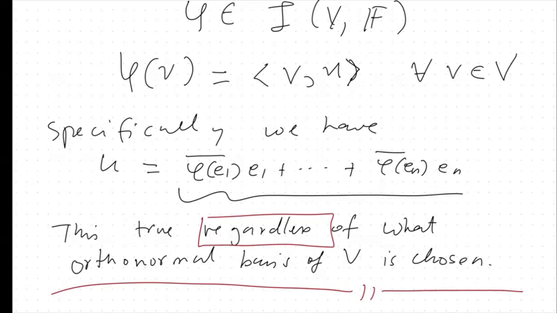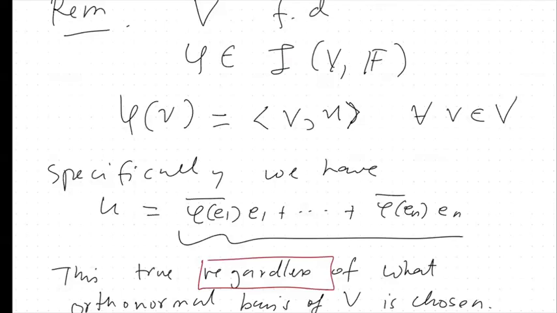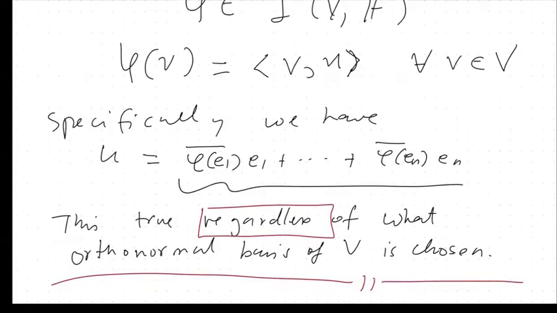For each linear functional there is a unique vector u such that the linear functional applied to vector v, for each v in the vector space, is just equal to the inner product of v together with the unique vector u, wherein u is expressed as a sum of the conjugate of the linear functional applied to the orthonormal basis elements as coefficients, times e sub 1 to e sub n, the basis elements.